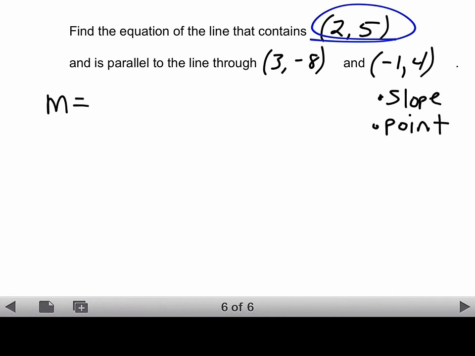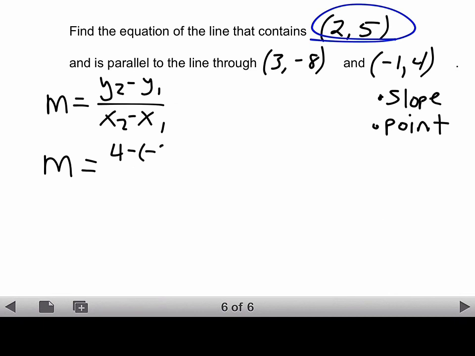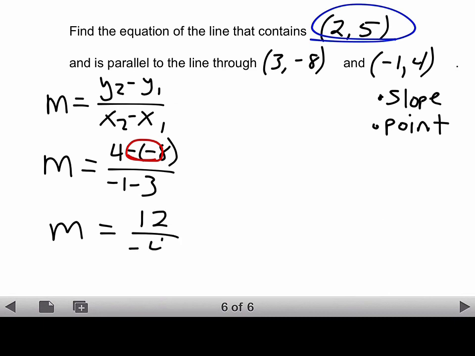So using the slope formula, m equals y2 minus y1 over x2 minus x1, we get m equals 4 minus -8 divided by -1 minus 3. Dealing with the double negative in the numerator, we have m is equal to 12 divided by -4, which means that the slope is -3.